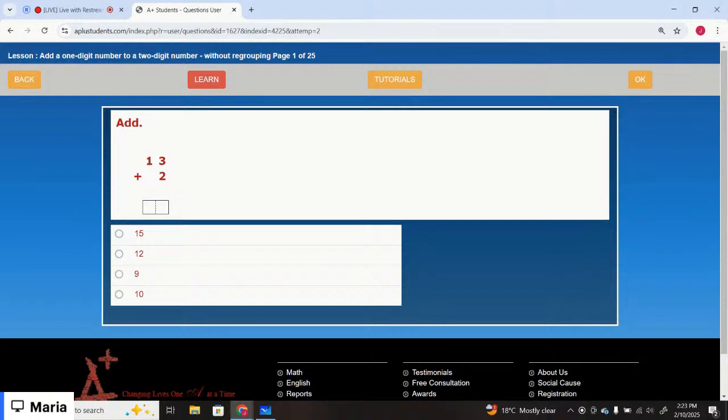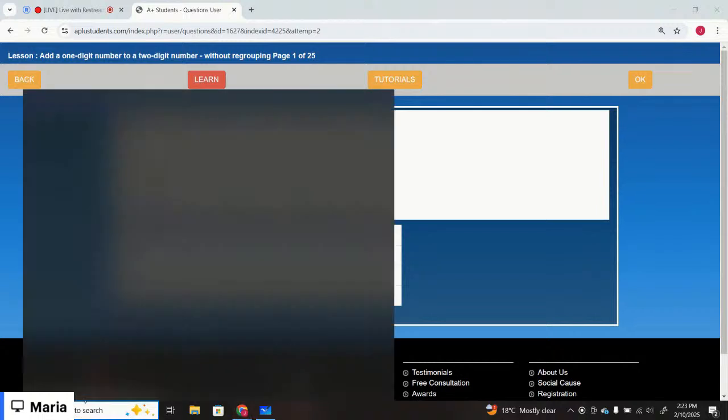Add 13 plus 2. Which is the correct option? You have to start adding from the ones.